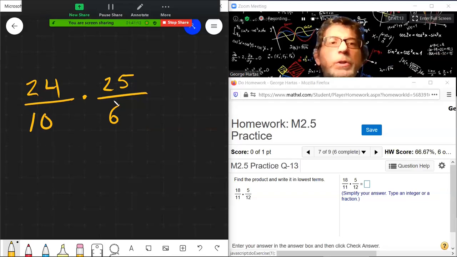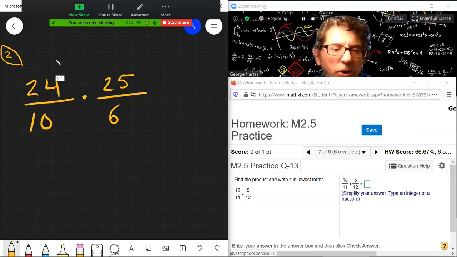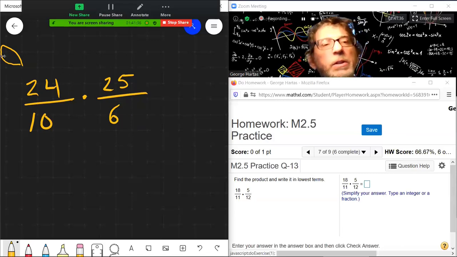Does this reduce? No. Now, does this reduce? Yeah, sure does. Now, what is the biggest number you can think of that divides into 6 and 24? Is it 2? No, don't say 2. It does go into both, it's not the biggest.